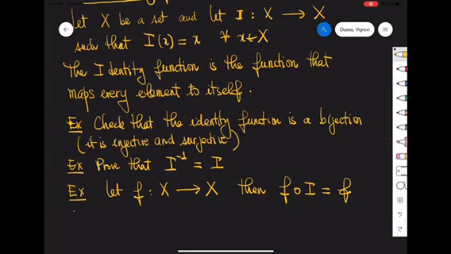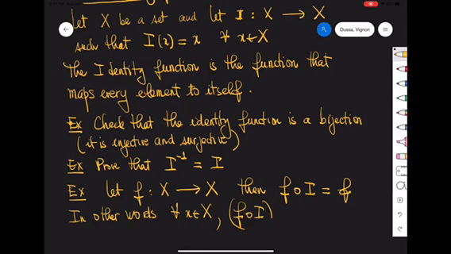In other words, for all little x in the set, f composed with the identity at x is going to be f of x. Okay, so these are good exercises for you. If I were you, I'd pause the video and just check very quickly, prove these results for yourself.